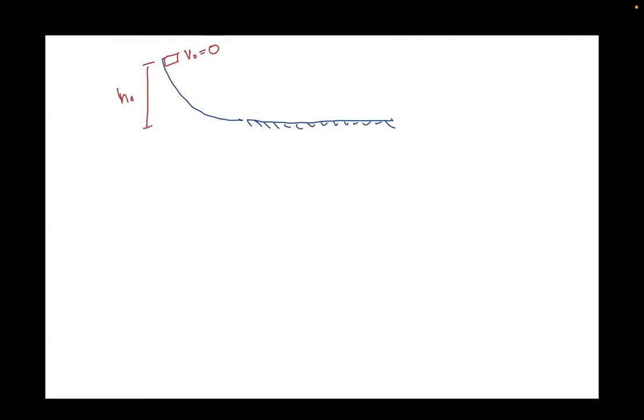That block will transition to the surface with some speed and kinetic energy, and then eventually reach a certain distance. We'll call this distance delta x, the horizontal displacement on the surface with the friction. And then we have this starting height h naught.